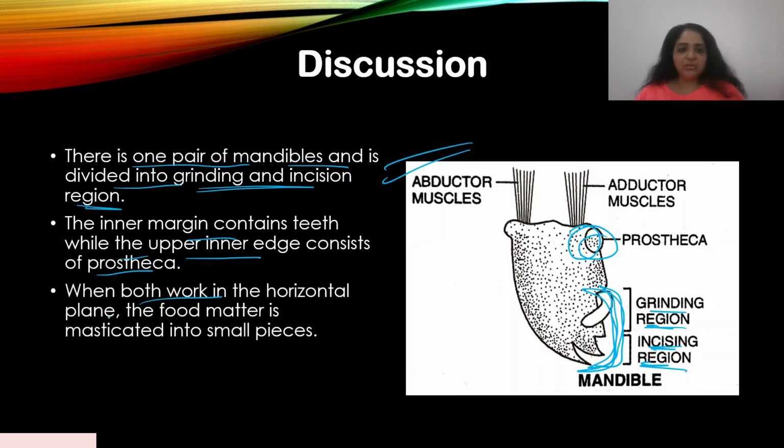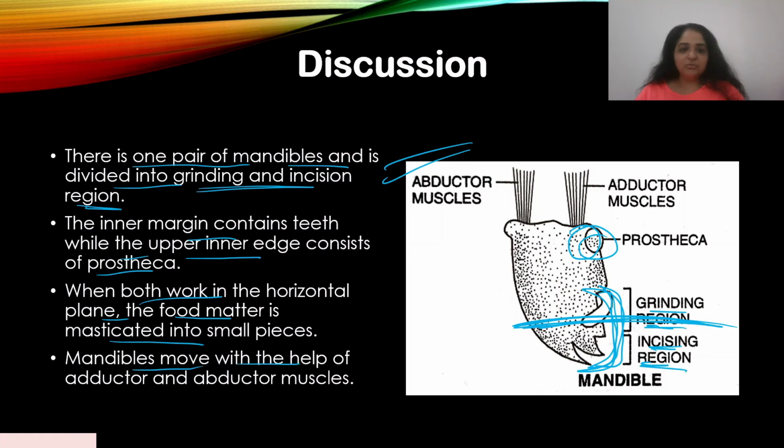Now when both work in the horizontal plane, the food matter is masticated into small pieces. If you have the left and the right mandible and both of them work in this horizontal plane, the food will be ground. They get masticated, they get cut into small pieces.